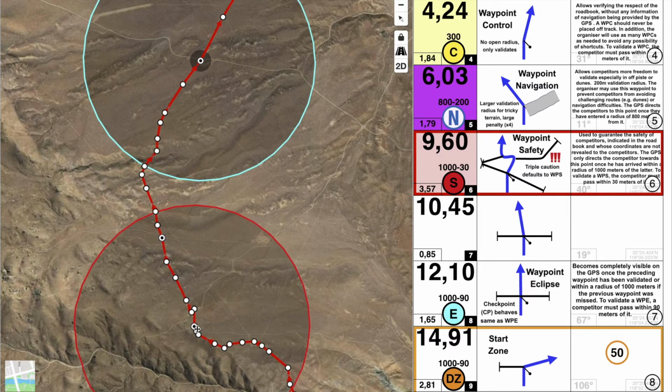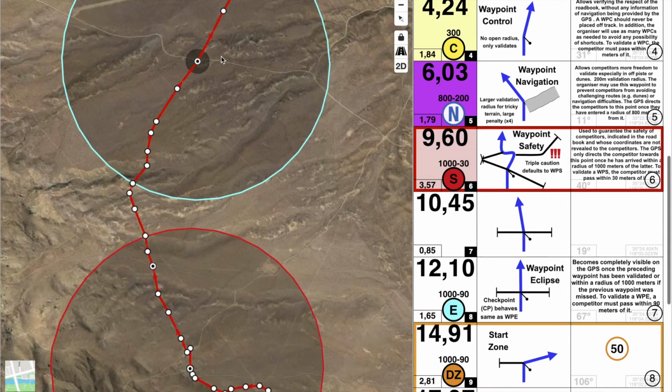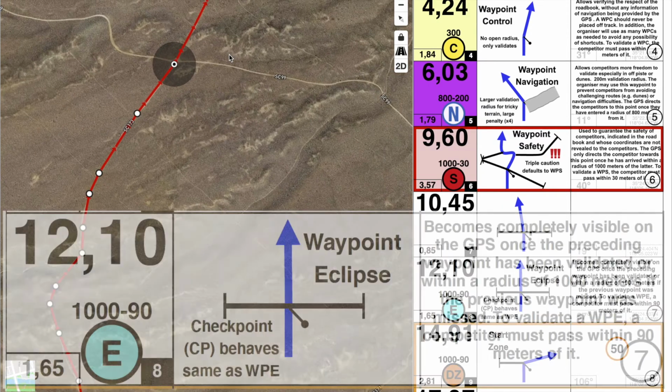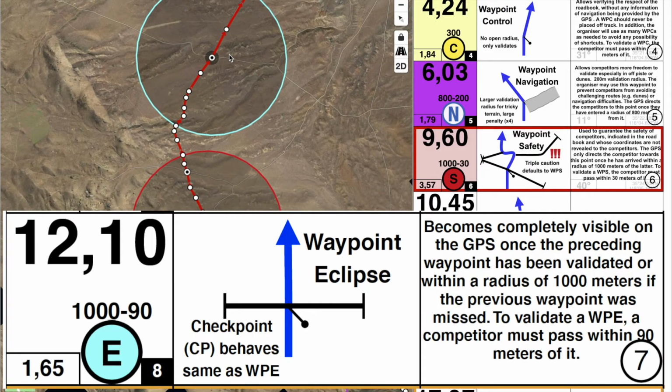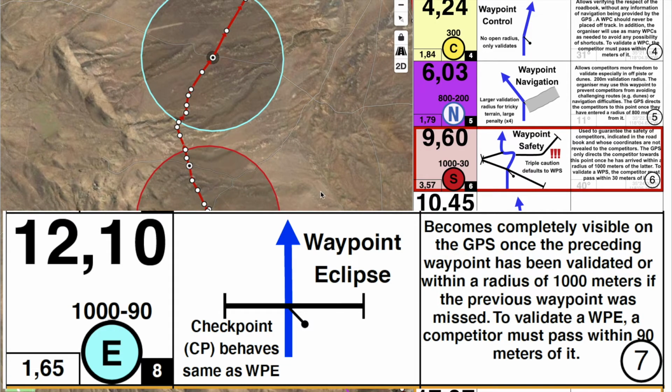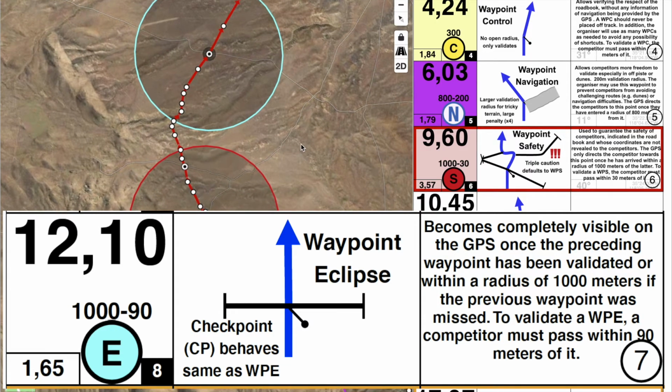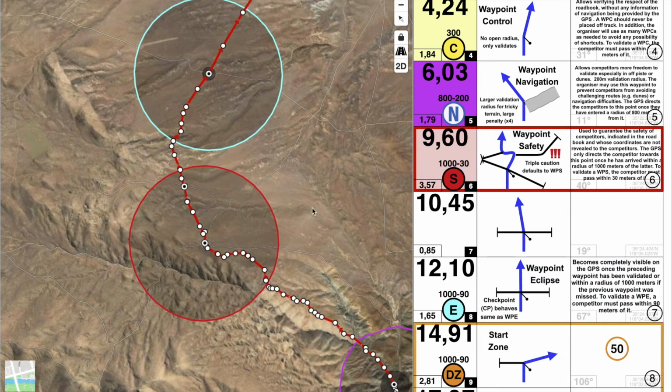You're going to go from here, this is going to open, and then your arrow won't open once you hit this waypoint. It will open once you clear that, because it is an eclipse. If it was a masked waypoint, it would only open on the radius, but it's not. So therefore an eclipse reacts differently than a masked waypoint.